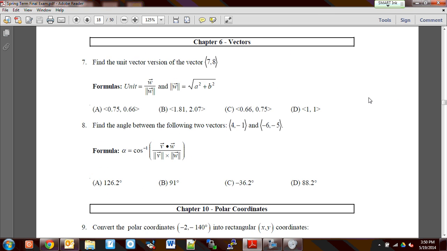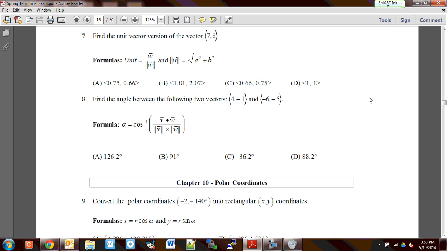Number 7, find the unit vector version of vector 7, 8. So the first thing we got to do here is find the magnitude. Well, the magnitude is simply 7 squared plus 8 squared, which is the square root of 49 plus 64, which is the square root of 113.